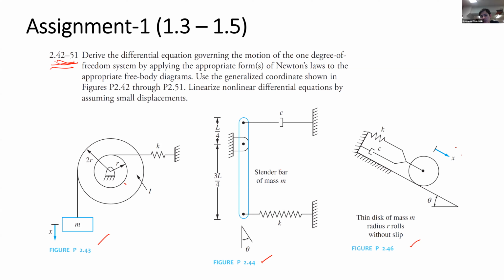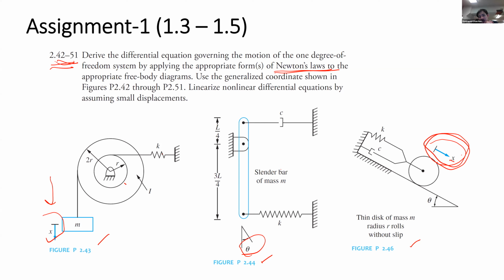In each picture, we have the degree of freedom and the generalized coordinate: x, theta, and x in vertical motion. So yeah, please use the Newton method, the free body diagram method, to obtain the equation of motion.